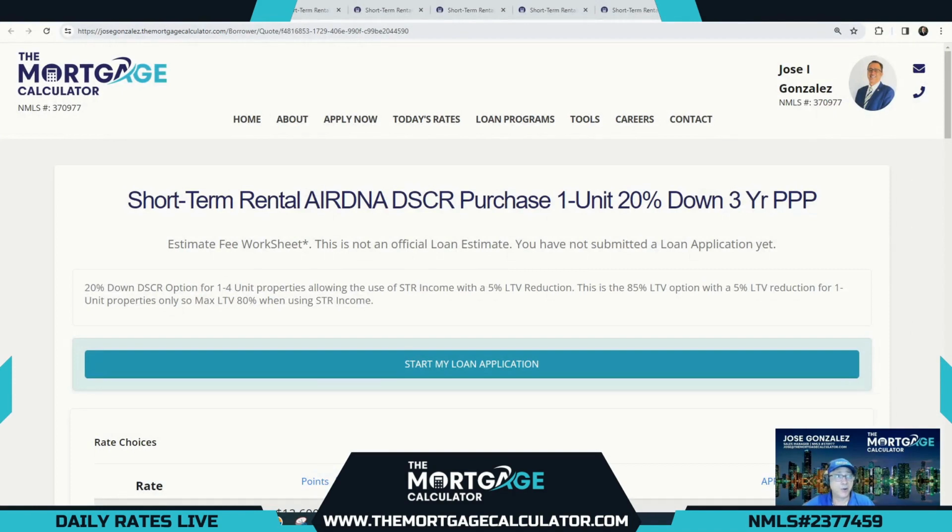Awesome. So our first example here is using AirDNA. Now that's like the unicorn now in the DSCR world, right? You have that property that has some great AirDNA comps, and you as a user can have access to AirDNA, but usually underwriting will run their own AirDNA report as a quality control measure.